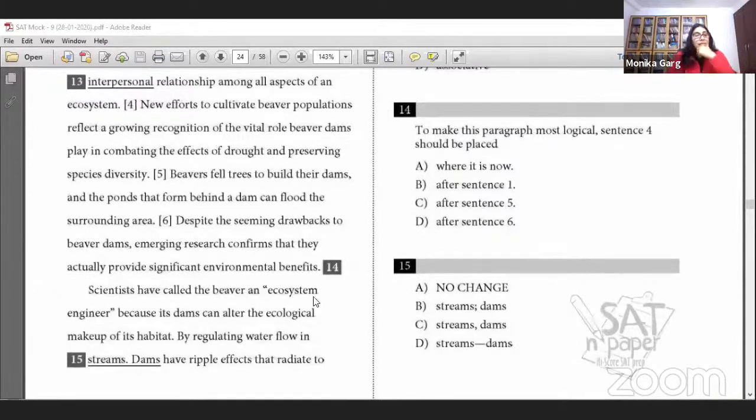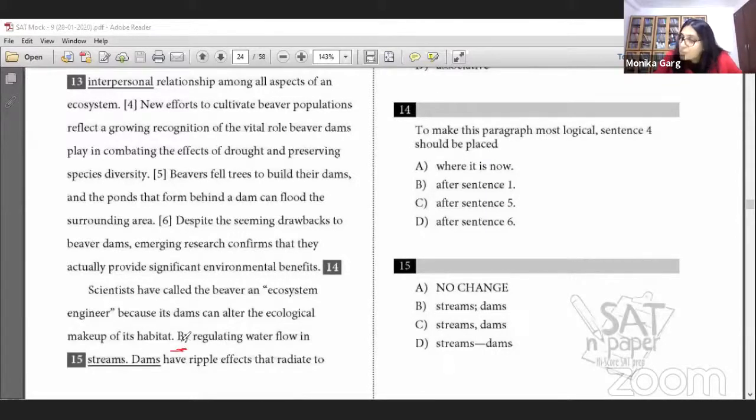Let's read this sentence. By regulating water flow in streams, dams have ripple effects that radiate to something. Okay, so if we pay attention to this phrase here, we have a by here. And by is a preposition.